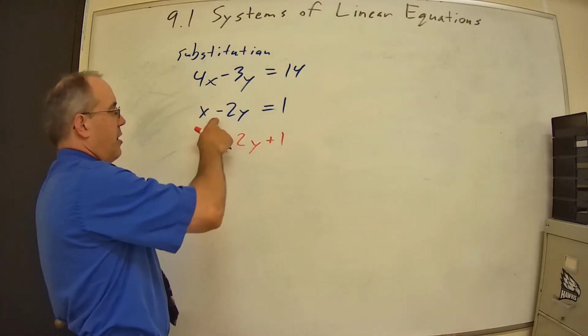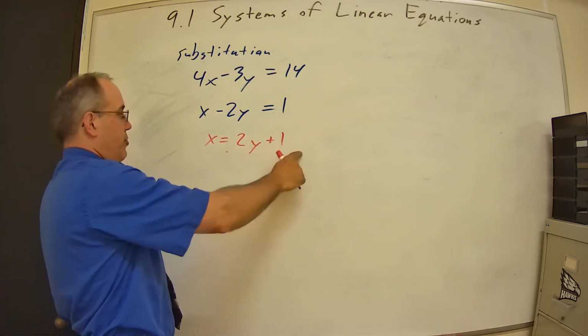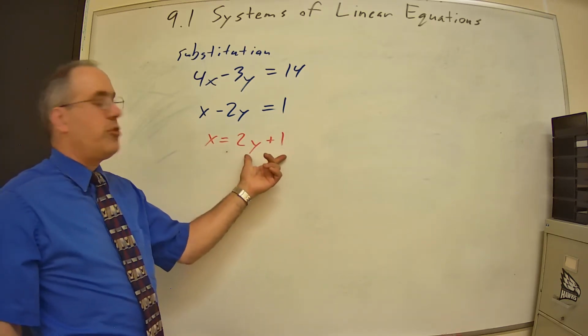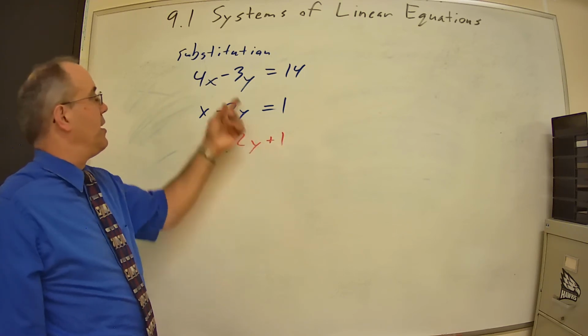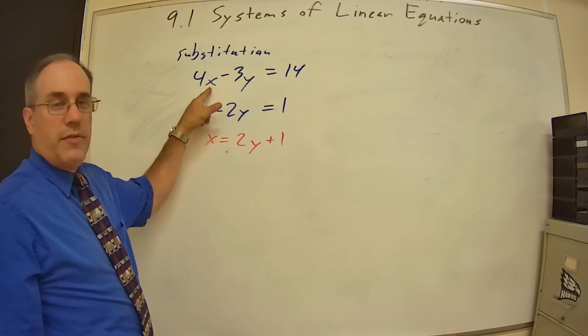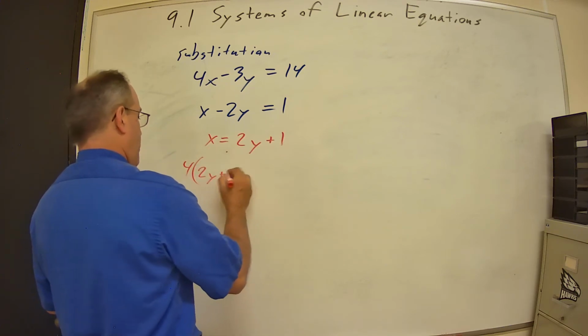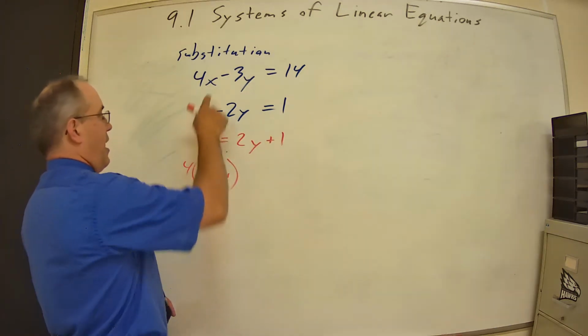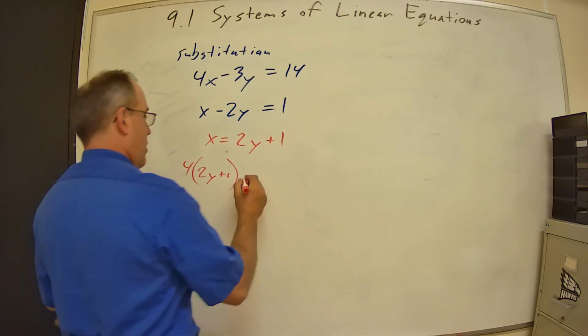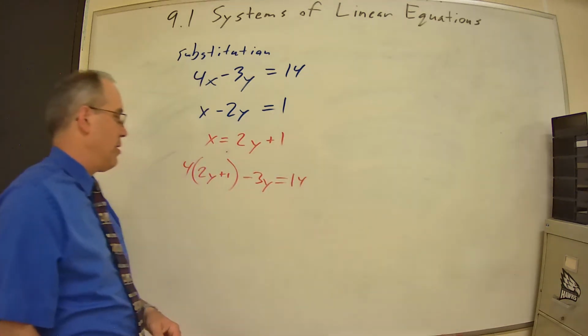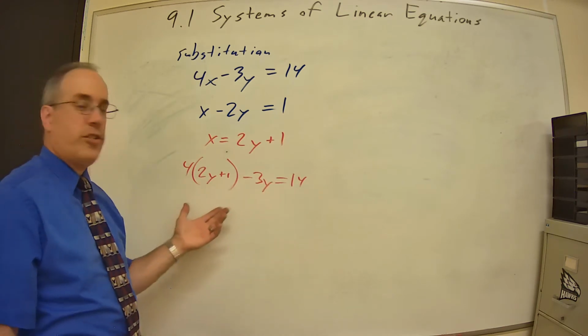So I used the second equation to solve for x, so I'm going to substitute 2y plus 1 into the first equation in place of x. So I'm going to go 4 times 2y plus 1, because x is equal to 2y plus 1, minus 3y is equal to 14. Now I have one equation with one variable.